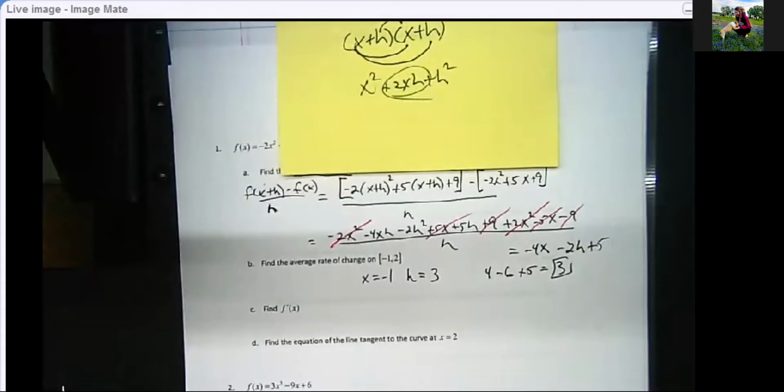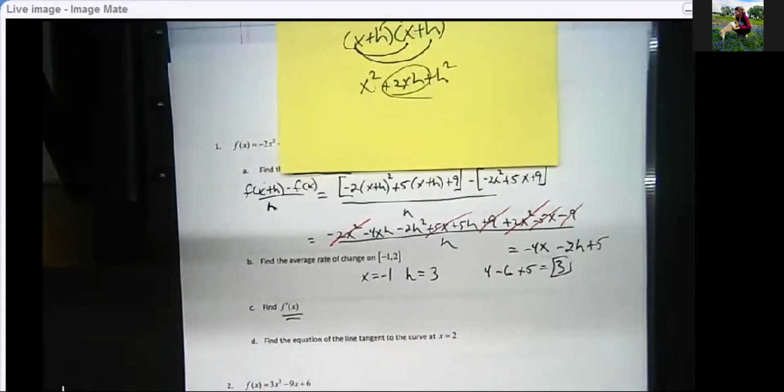Now, here's the part that kind of gets people a little bit. This is fancy math speak for finding IROC. You see that little apostrophe there? That's read f prime of x. We do it so frequently that we've created this little shortcut: if you put a dash in between the f and the x, f prime of x, that's like go find IROC.